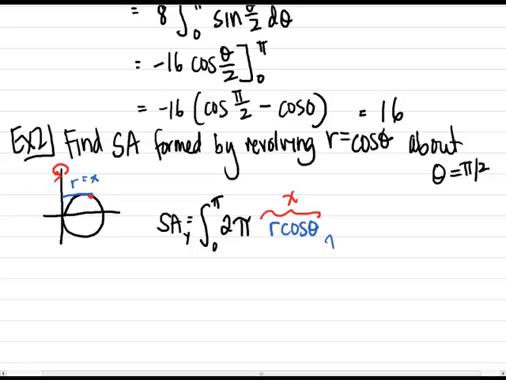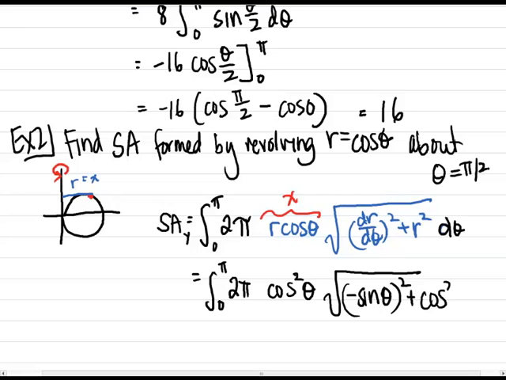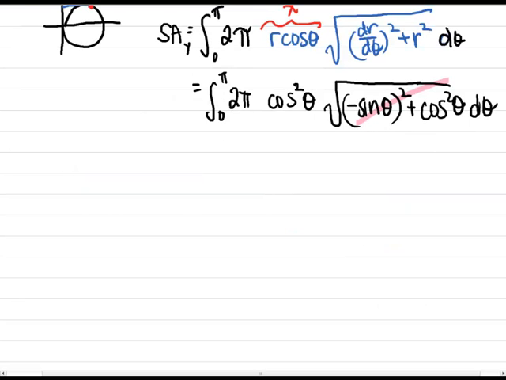Then we have our arc length, which is the square root of dr/d theta squared plus r squared d theta. Now let's plug in what we need. r is cosine theta, so times another cosine theta makes it squared. dr/d theta is negative sine theta, and r squared is cosine squared theta. This works out nicely. Our radical becomes a 1, so we just need to integrate a cosine squared.